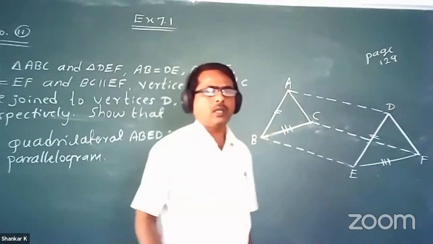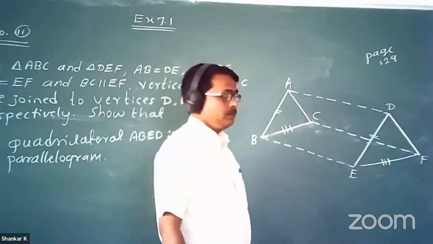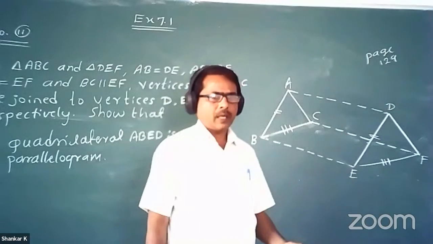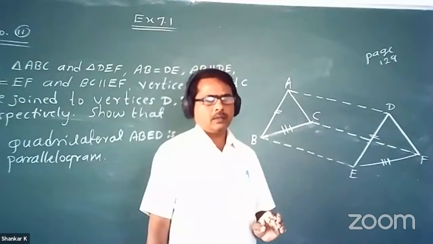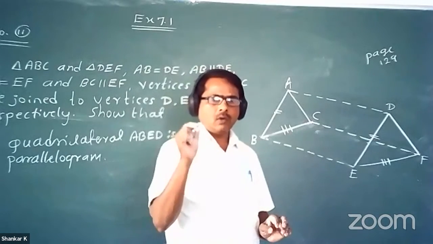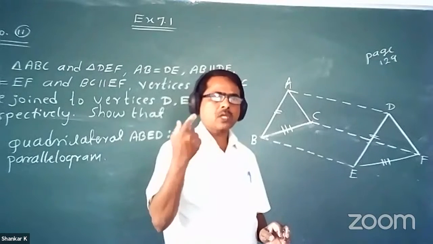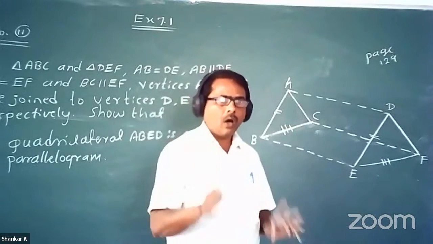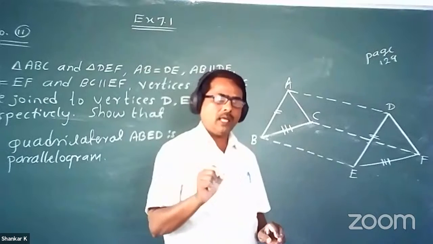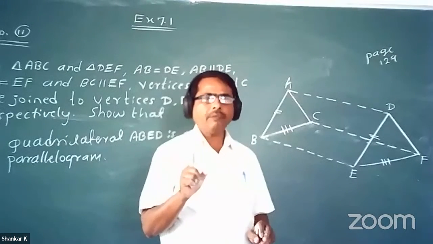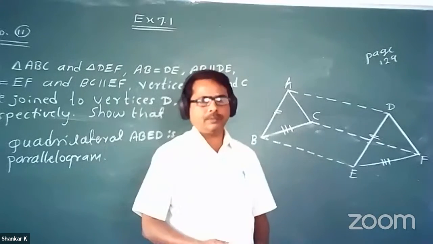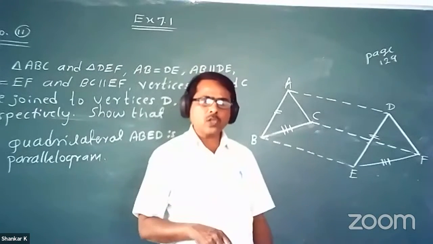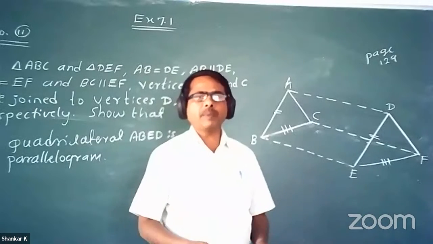A quadrilateral is a parallelogram if its opposite sides are parallel, or if a pair of opposite sides are parallel and equal. They should be parallel also, equal also, then it is a parallelogram.